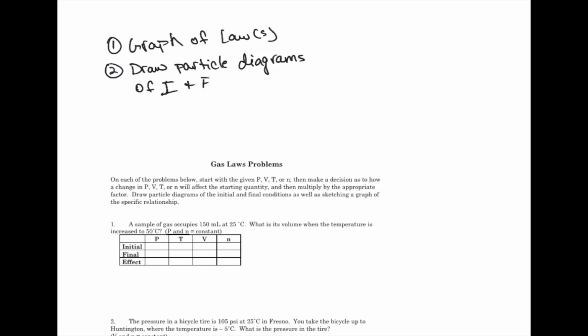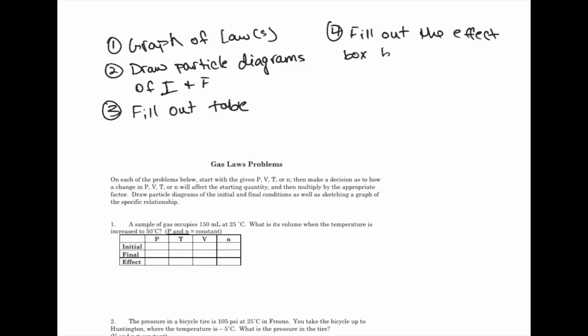Okay. Step number 3 is going to fill out the table with the information that you have. Okay. Step number 4 is going to be to fill out the effect box below your question mark.